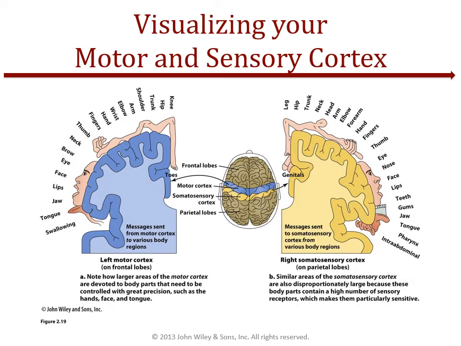All right. So, visualizing our motor and sensory cortex. This wonderful graphic shows where in the brain is doing what our body needs, in terms of our left motor cortex and then the right somatosensory cortex.